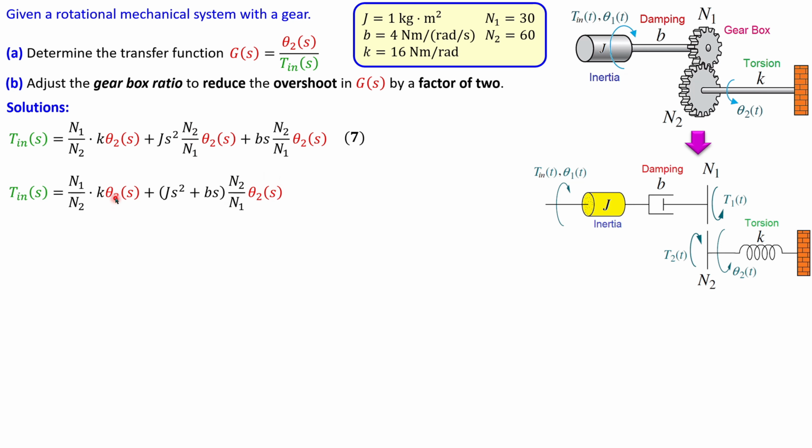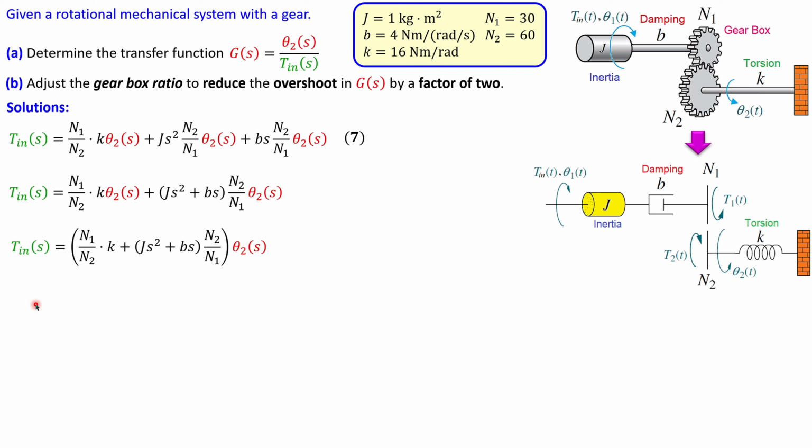What I also say is that θ2 is also there, of course. So you can also take out the complete thing and say, okay, this term, n1 over n2 times k plus (Js² + Bs) times n2 over n1, and the whole thing times θ2. And that's equal to Tin, which is the input torque.